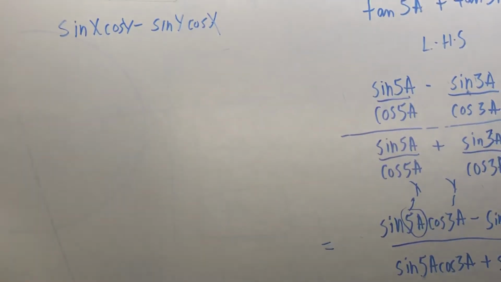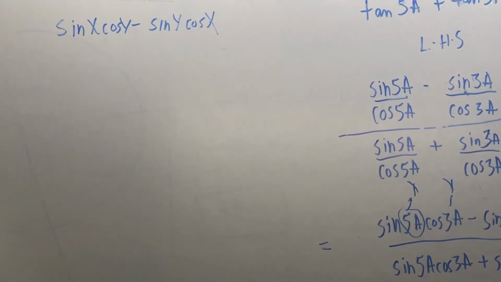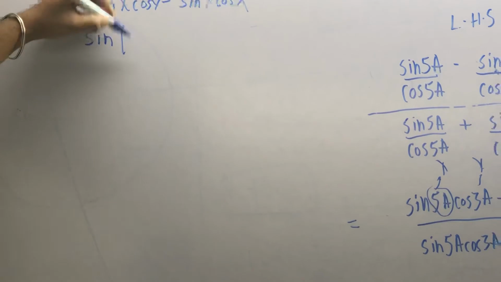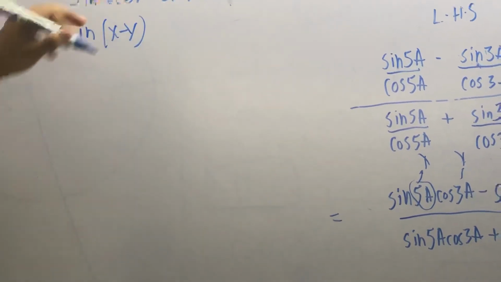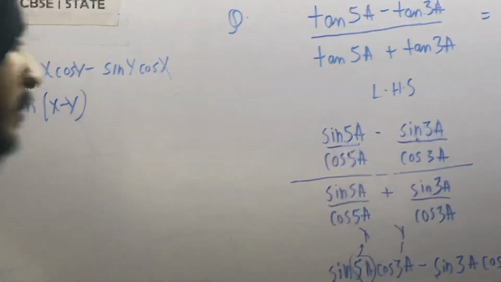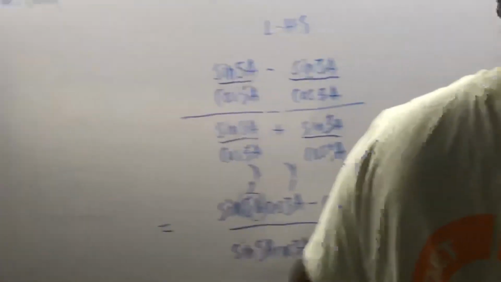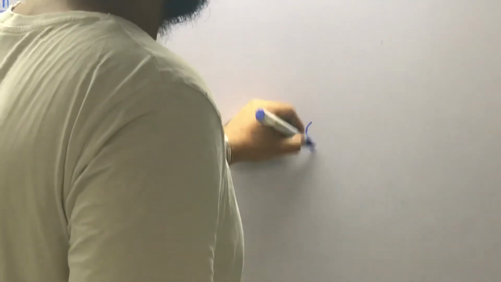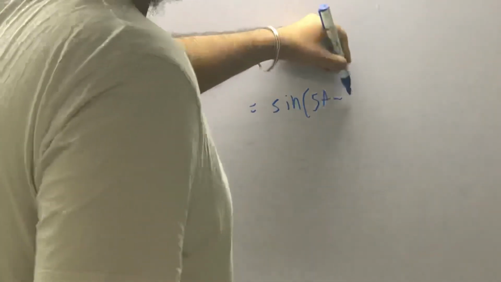Which identity is this? You know the identity. This is the identity sin x minus y. So this will become sin 5a minus 3a.